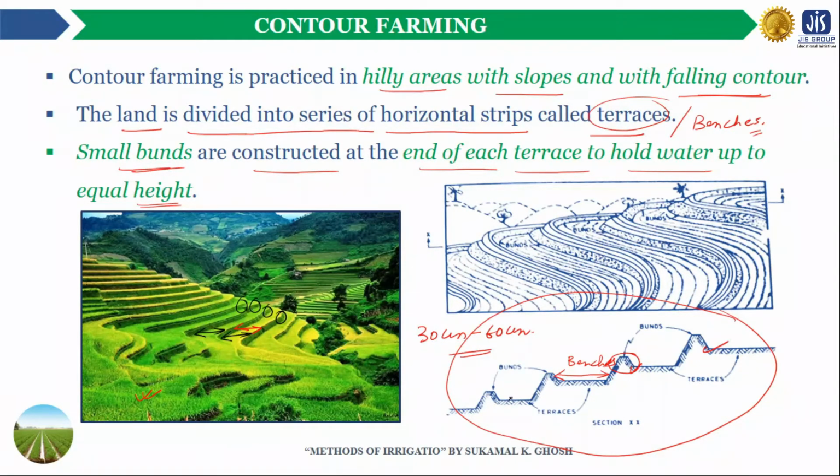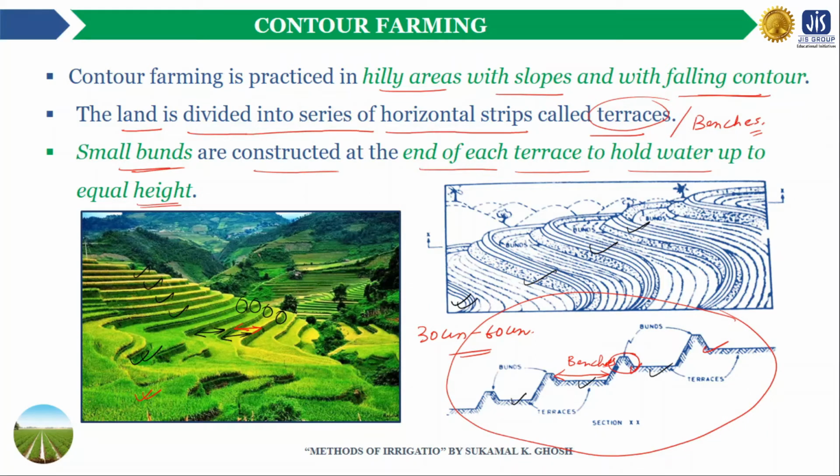Now, each of these terraces or benches or strips forms an independent portion of the land to be irrigated. Thus, in this case, as shown in this figure, a series of steps are formed in successive elevation around the slope.